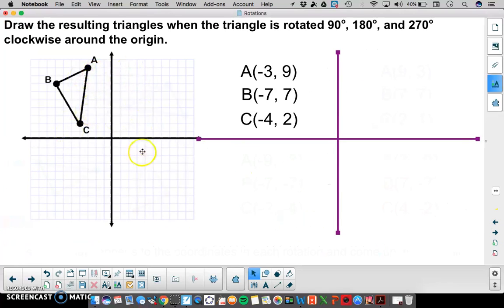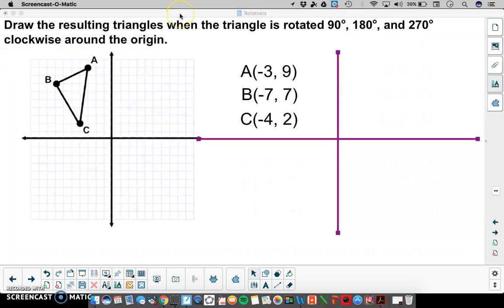Now we're going to actually rotate a figure on the coordinate plane. We're going to draw the resulting triangles when the triangle is rotated 90, 180, and 270 degrees clockwise around the origin. When you're doing this at home, you'll be doing this on graph paper, and you're going to physically rotate your paper 90 degrees, 180 degrees, 270 degrees, and then back to 360 degrees to our original position.